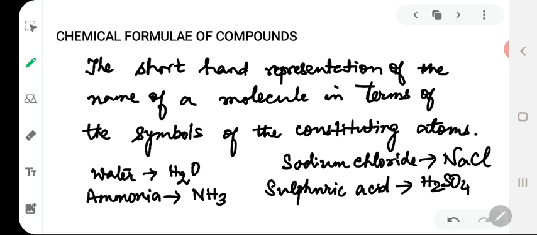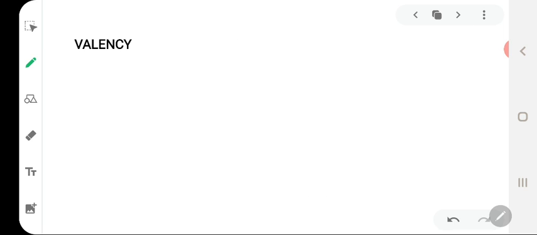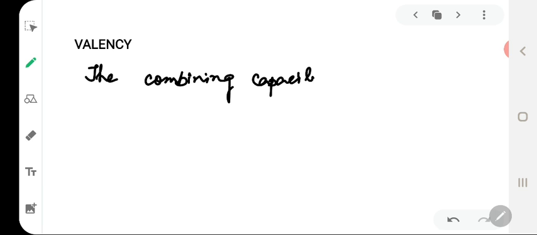Now we have seen that in the molecules the atoms are combined with each other. Different elements have different combining capacity of their atoms. This is known as valency. So what is valency? The combining capacity of an element. So how is it expressed?